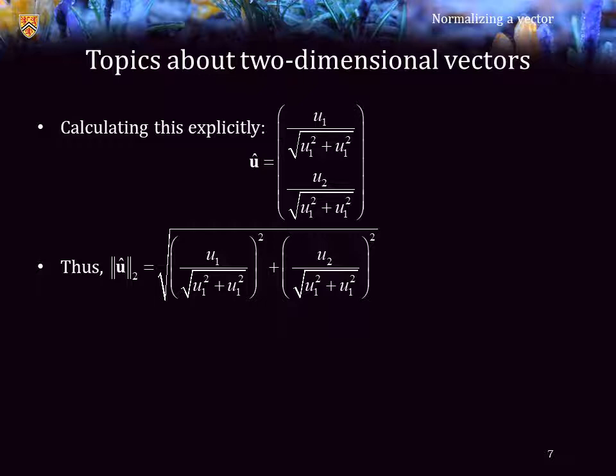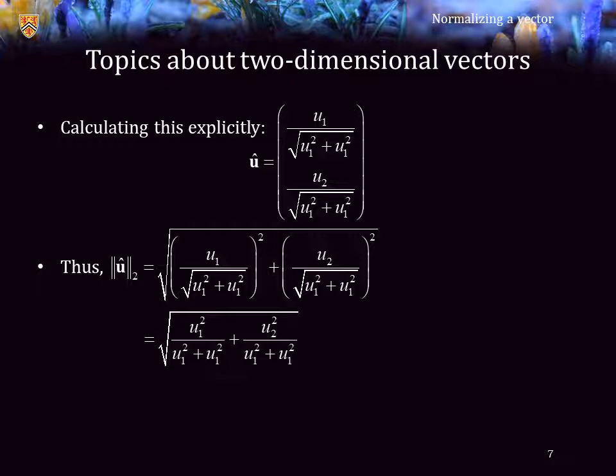The square of a ratio is the ratio of the squares, and the square of a square root is just the absolute value of what is being square rooted. However, the contents of the square root is guaranteed to be positive. So we're just left with this.